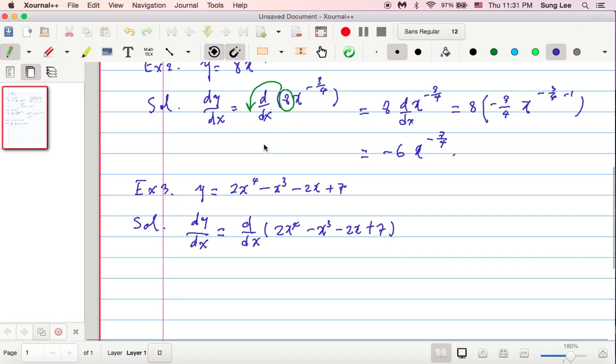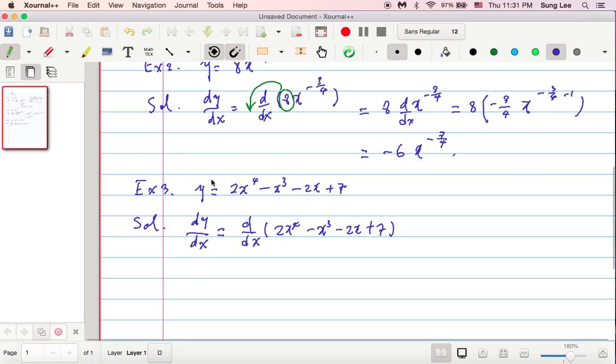Once you get used to applying the properties of derivatives, later on you don't have to do this, but this is the first time, so I'm showing how the properties can be applied to evaluate a derivative.